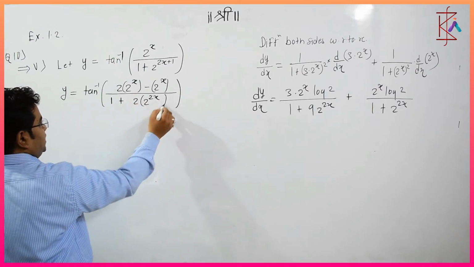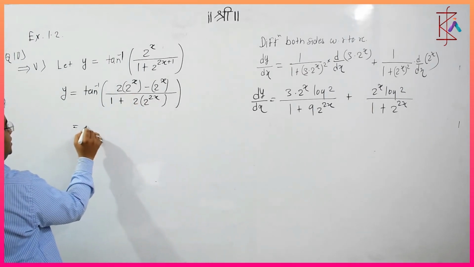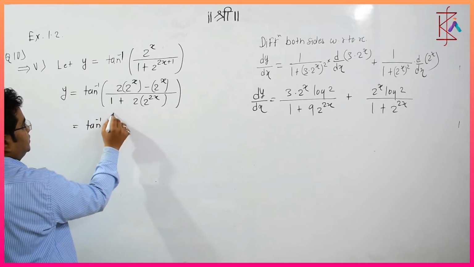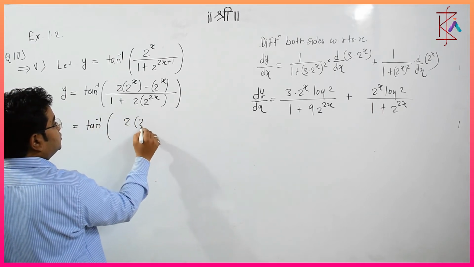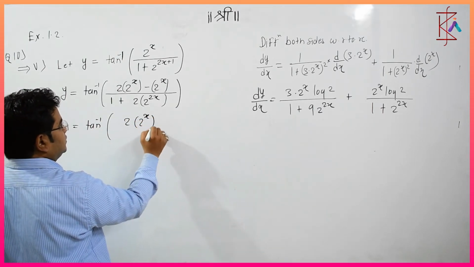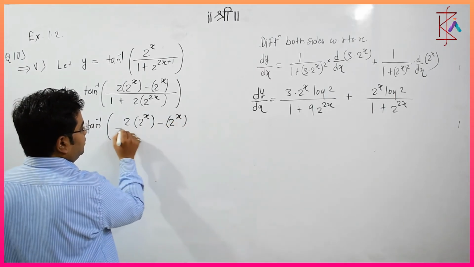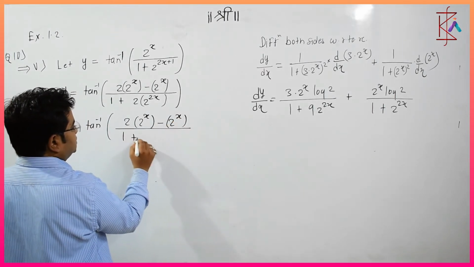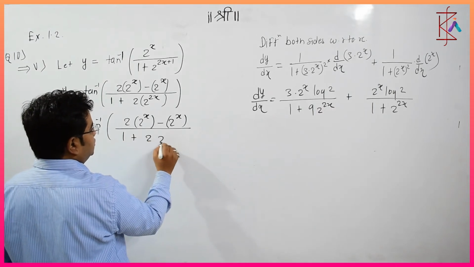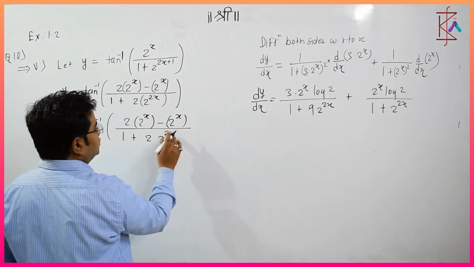Now what does this bracket say? This says tan inverse of (2·2^x − 2^x) divided by 1 + 2·2^(2x).